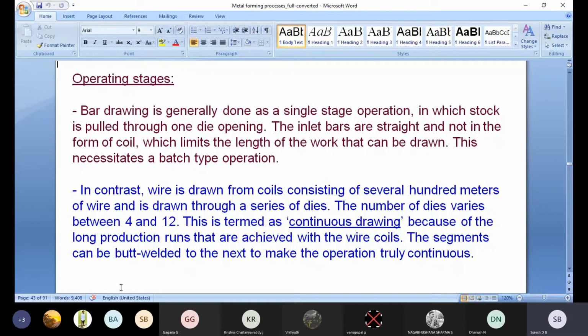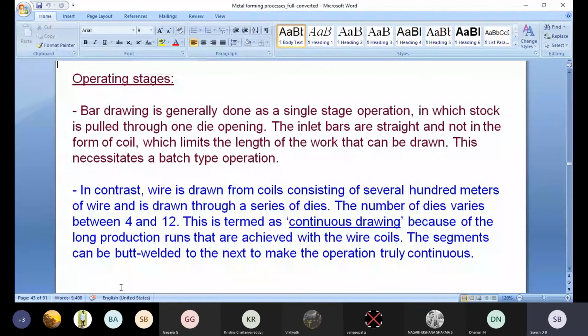Suppose I give a 50 mm diameter rod that is to be reduced to 1 or 2 mm. It is very difficult to reduce 50 mm in a single operation. Correct or not? Can 50 mm diameter be reduced to 1 or 2 mm within one operation?